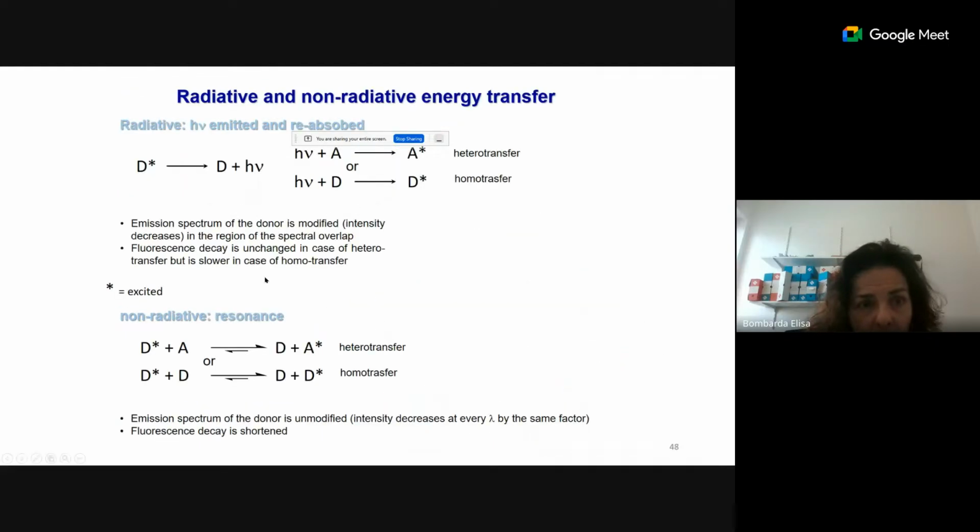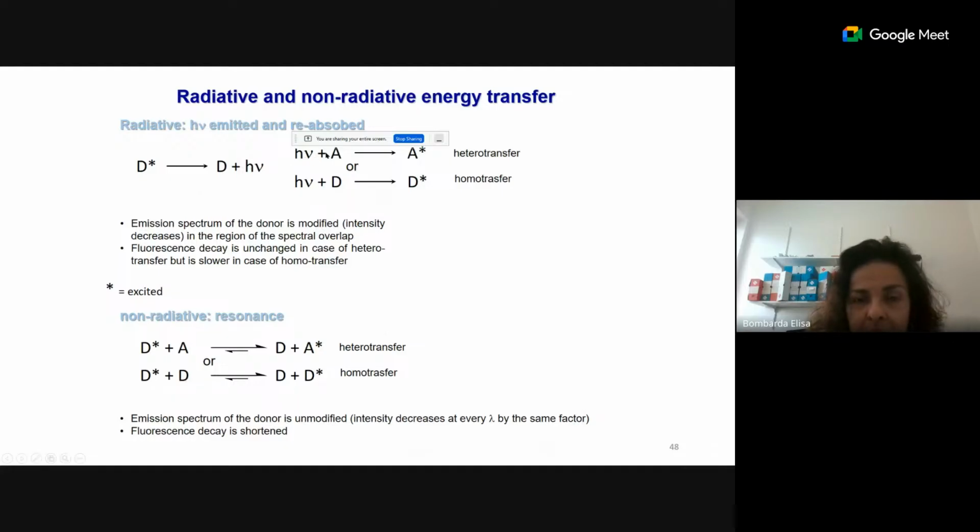Okay, so what are the characteristics? In radiative energy transfer, in a reaction scheme, what happens is the following. We have a donor that is excited, which goes back to the ground state and emits a photon.